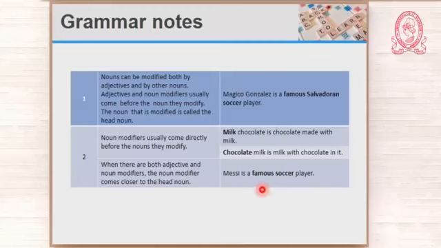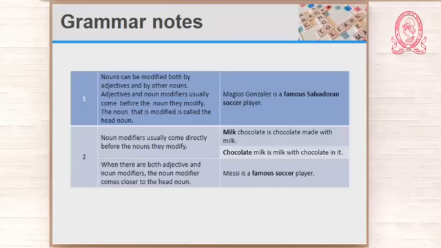Which one is it? Yes, it is soccer. Now, if I want to combine famous and soccer in a sentence, would it be correct or better to say Messi is a soccer famous player? Or is it better to say Messi is a famous soccer player?